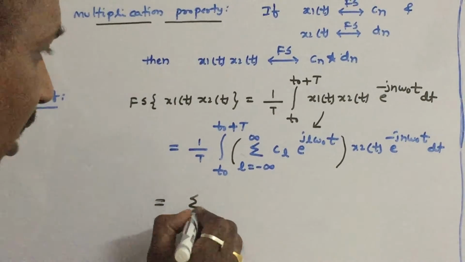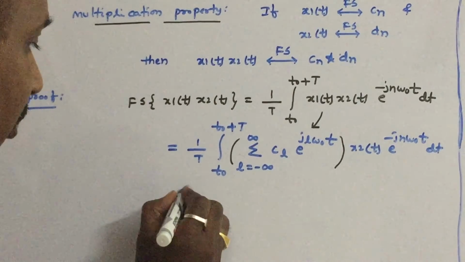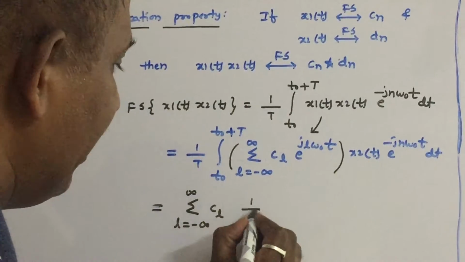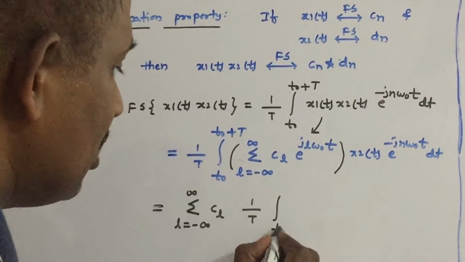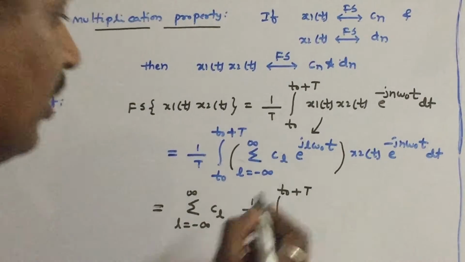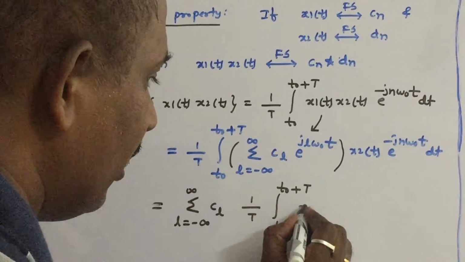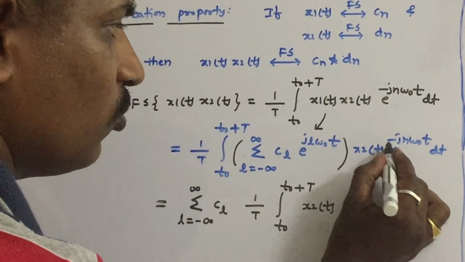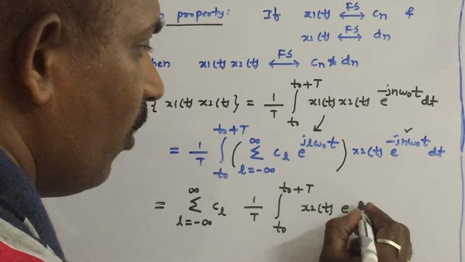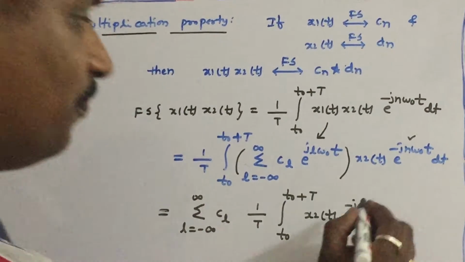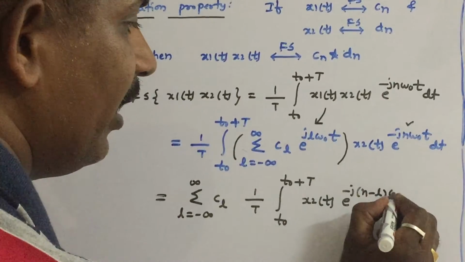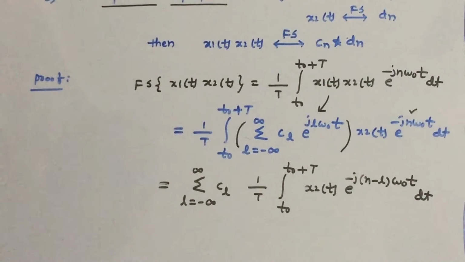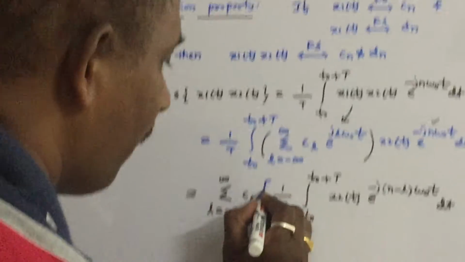That is summation L is equal to minus infinity to infinity CL, and take the entire term inside: 1 by T, integral t0 to t0 plus T, x2 of t. From these two exponentials we can write e power minus j n minus L into omega 0 t dt. So put all this term in one bracket.